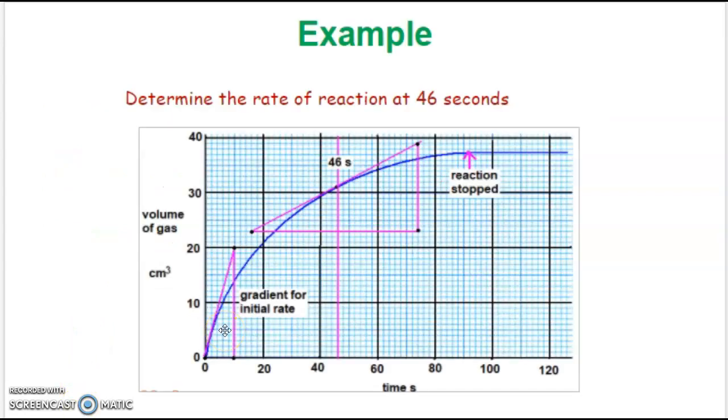Now, if we have a rate of reaction curve as represented by the blue curve here, and we want to find the rate of reaction at a specific time, let's say 46 seconds, what we'll have to do is draw a straight line from 46 seconds on the time axis all the way to meet the blue curve, and we'll place a point here.